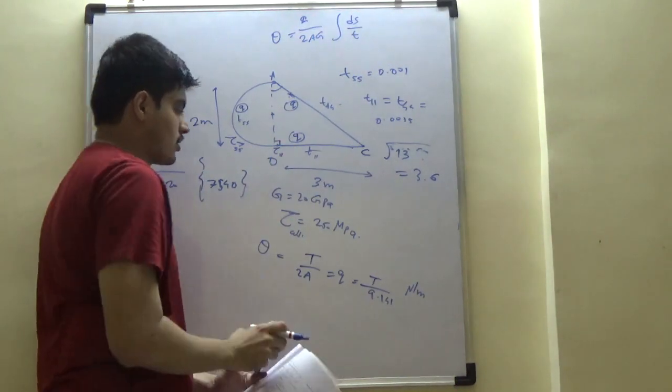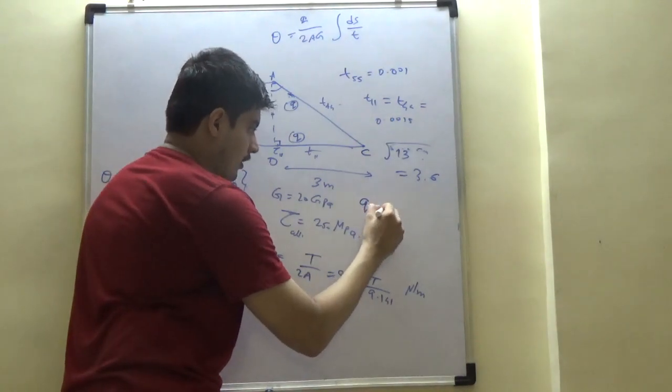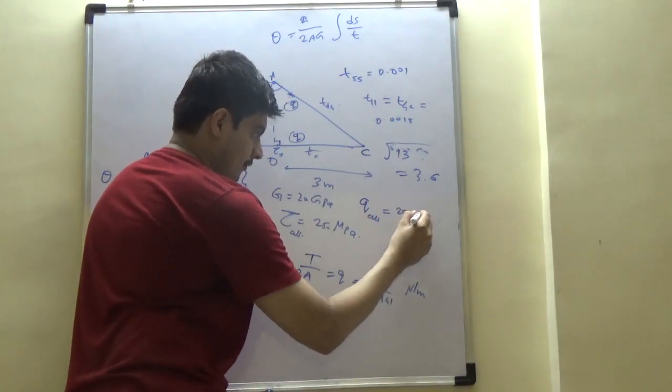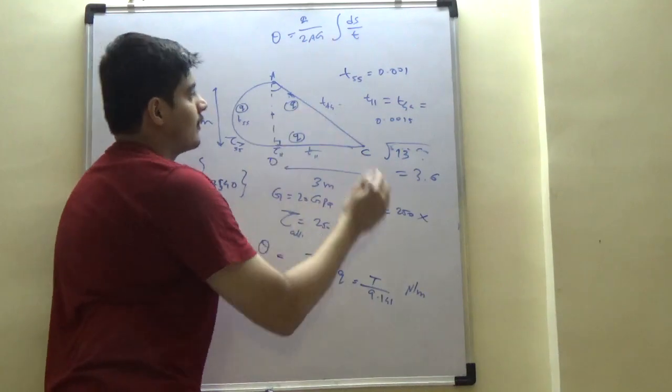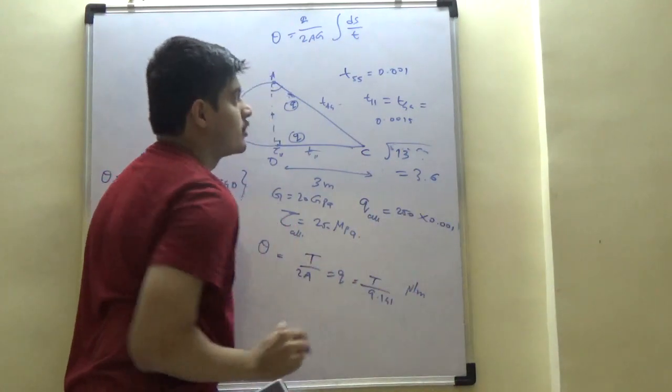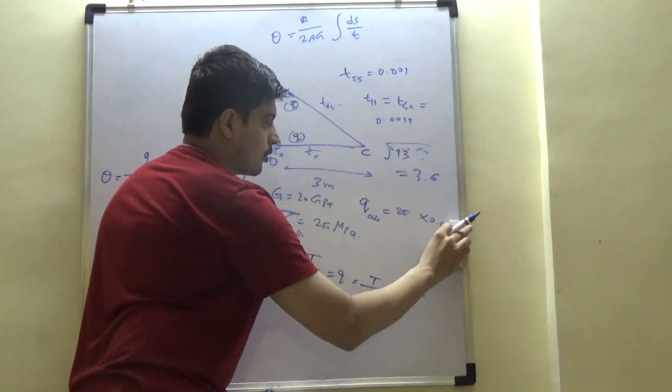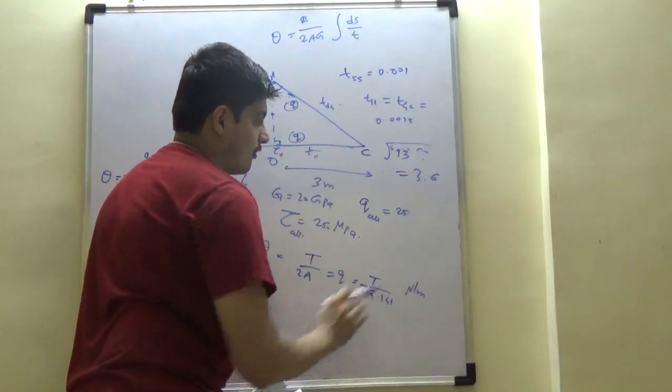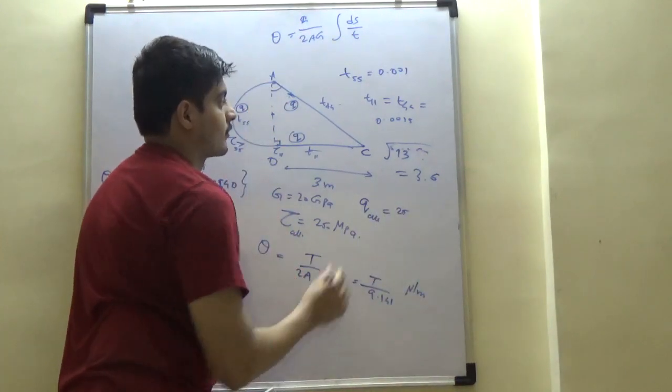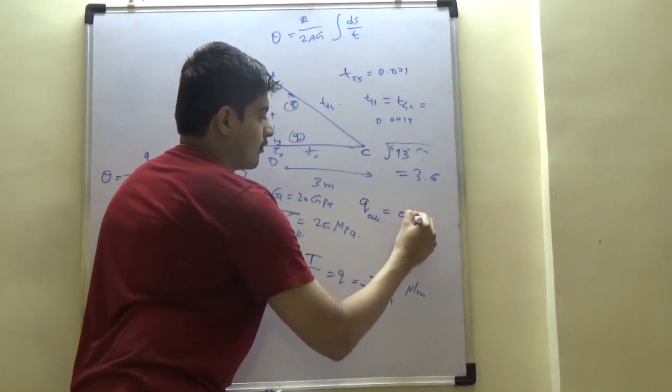So I have to use Q allowed as 250 MPa into the T11, which is 0.001. So 25 into 0.1, which is 2.5. So 0.25.